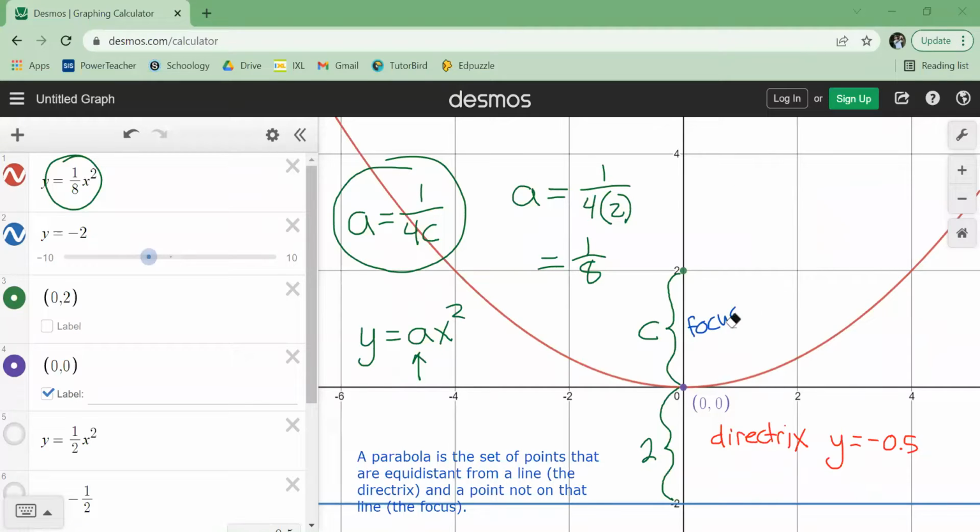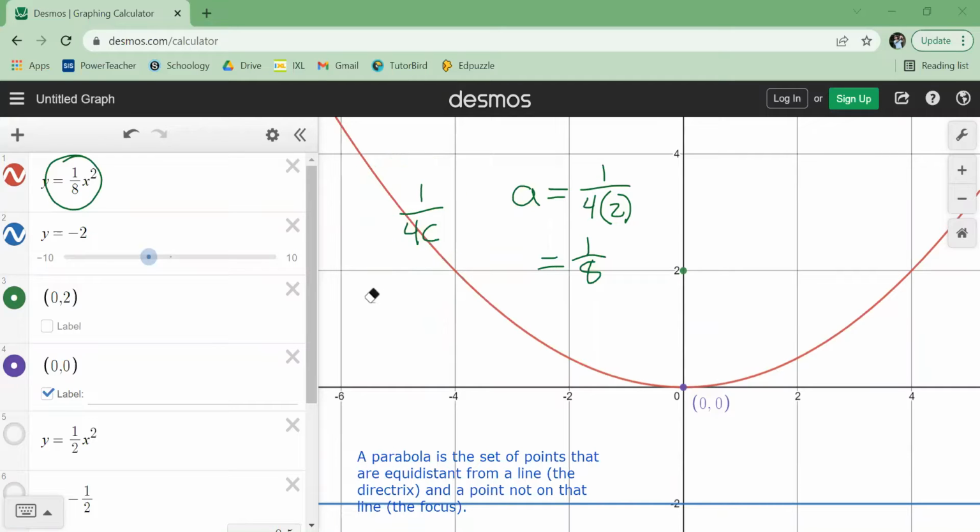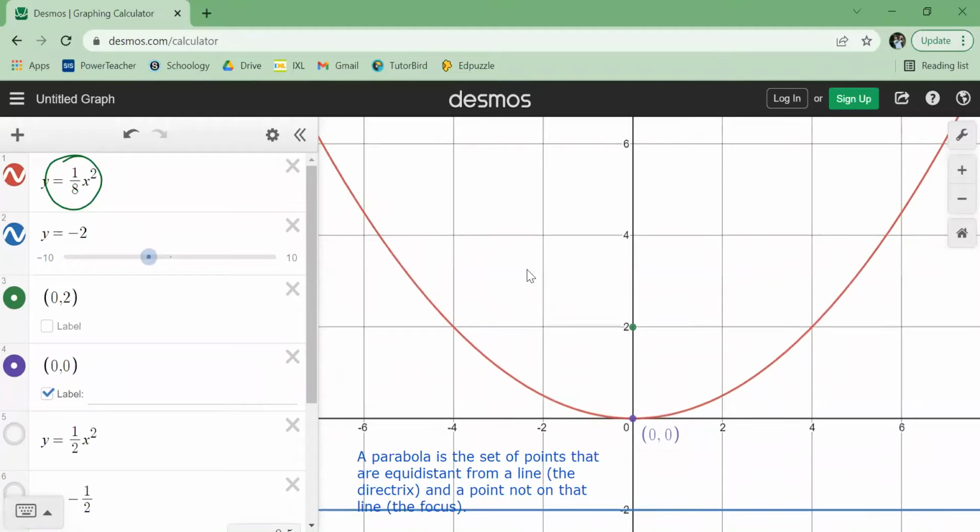The focus, as we mentioned, is a point that the graph goes around and not through. But here's one neat property of a focus. By the way, the plural is foci, if that ever comes up. That is actually a real world application. Think about a satellite dish for a moment. If you've seen a satellite dish, they're wide and shallow, they're curved inwards, and there's a little receiver right in the middle of the satellite dish.